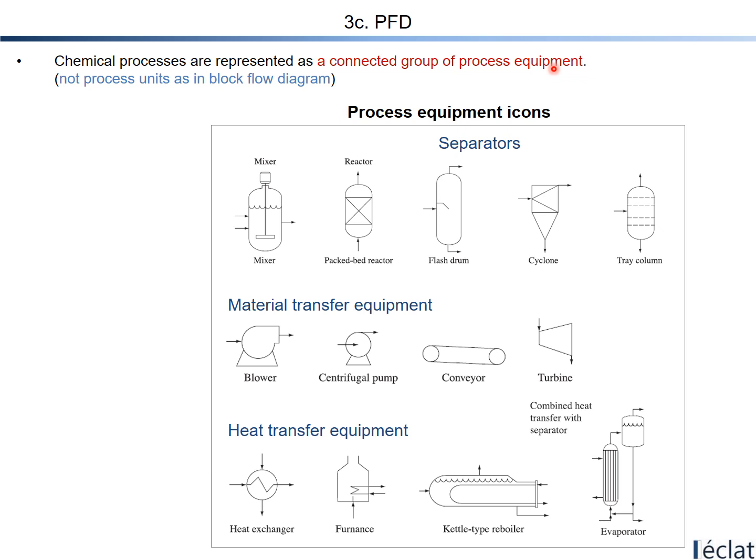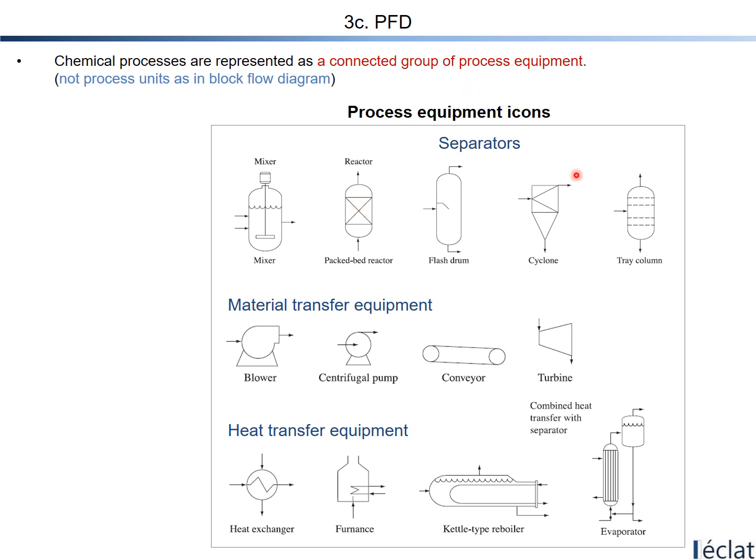Actually, the process flow diagram is very similar to the block flow diagram. However, you should provide detailed information about each piece of equipment. For example, for separators, we have various equipment for separating the desired product from the mixture of the others.